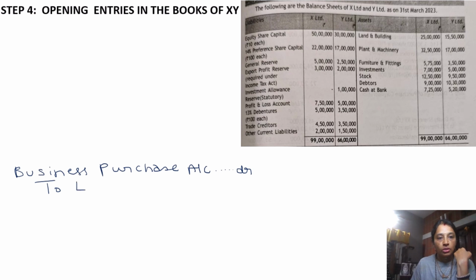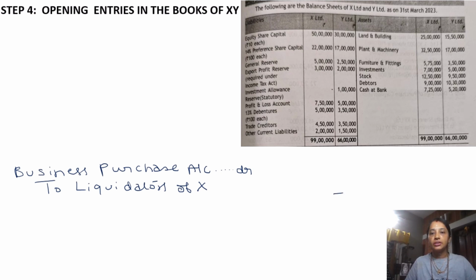So two liquidators of X company. So how much should you pay to liquidators of X company? You should look at the purchase consideration. So if you look at the purchase consideration, the amount is 72 lakhs 20,000. To liquidators of Y company.